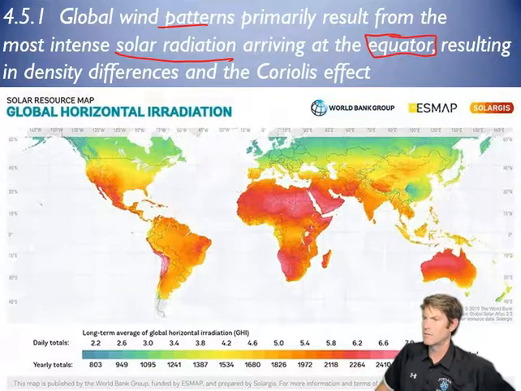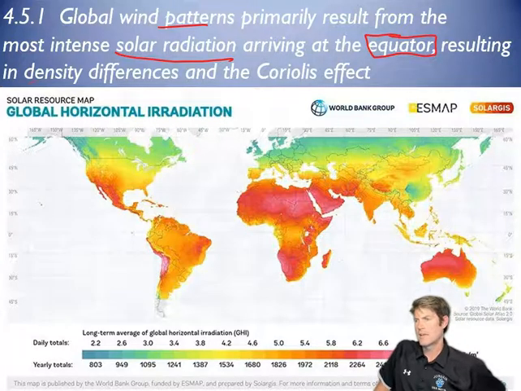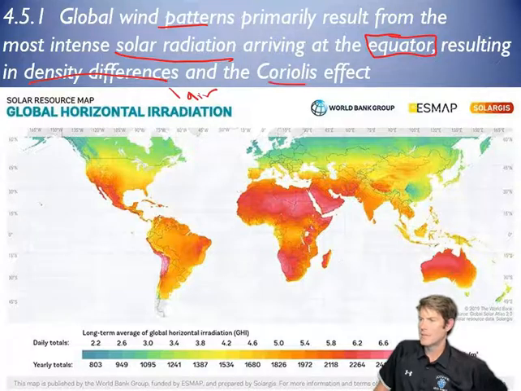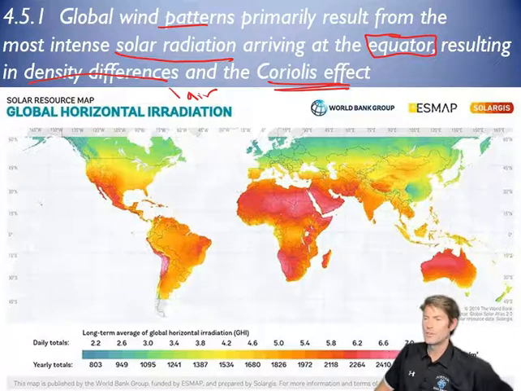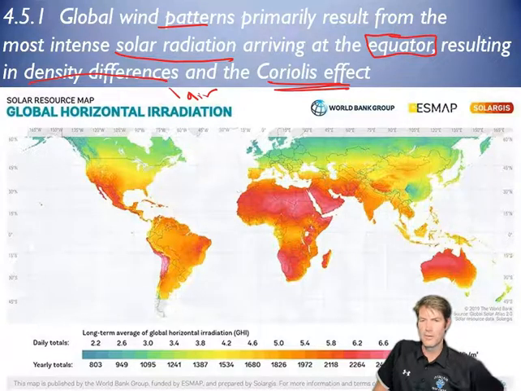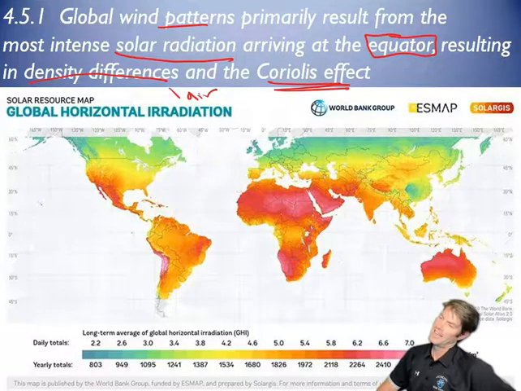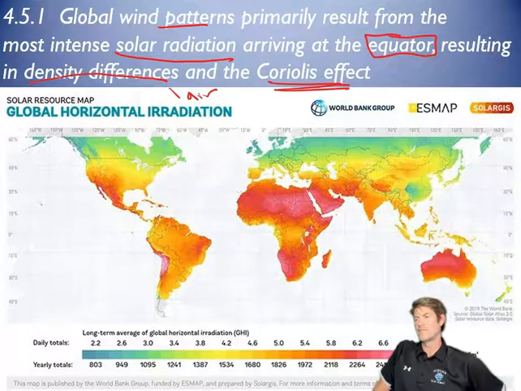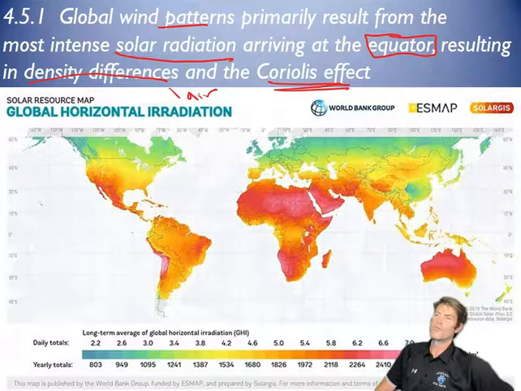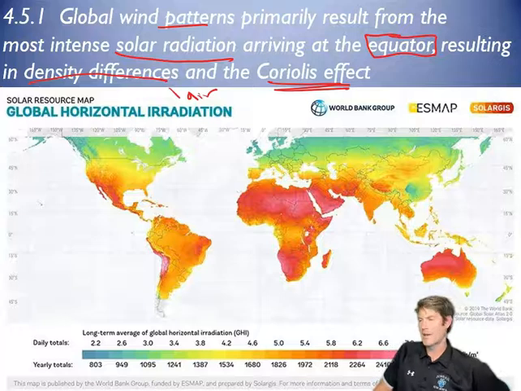It has the most direct rays, and that creates density differences in the air, and something called the Coriolis Effect. And that's interesting. It has to do with when you try to move somewhere across the Earth's surface, as you're moving, the Earth is moving too. And if you're in the air or in the water, it creates some interesting patterns.